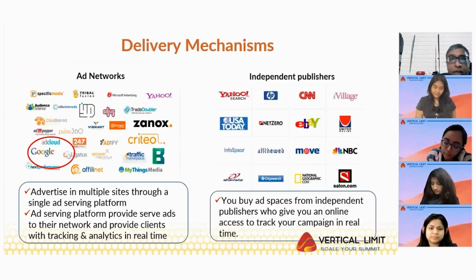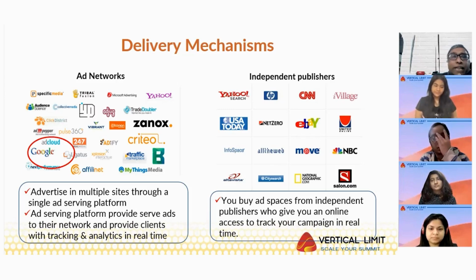Delivery mechanisms, there are two aspects. One is what we call as ad networks, and secondly, what we call as independent publishers. What's an ad network? A good example of an ad network is, let's say, Google, right? Now, what Google does when you want to advertise on Google, Google at the end of the day is a search engine platform.